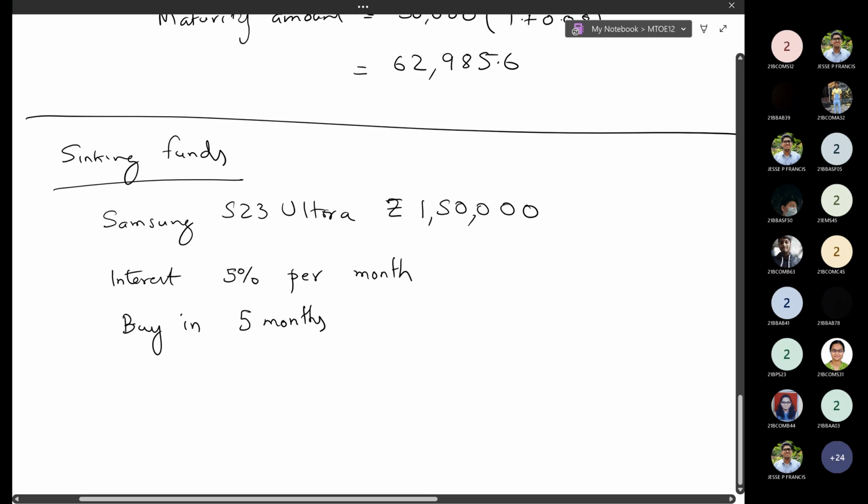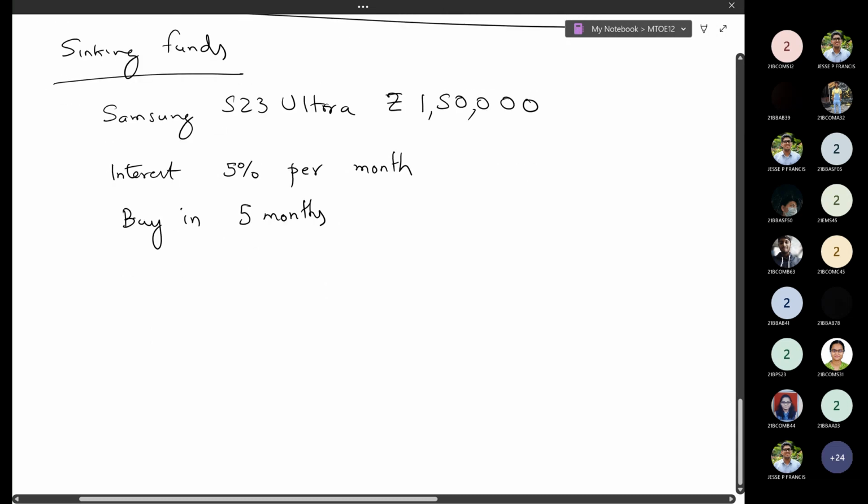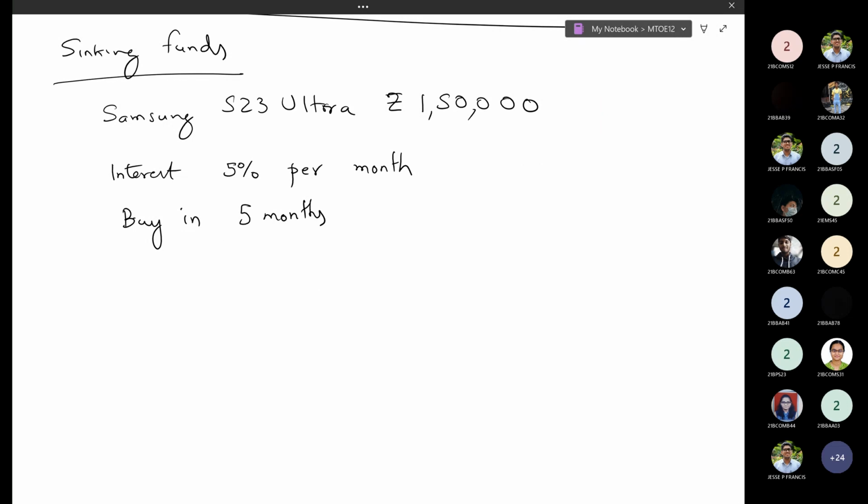Question is, how much is the amount I should invest every month to have a saving of rupees 1,50,000 after 5 months? Let's see. Now, we know that we are going to invest at 5% per month, right?